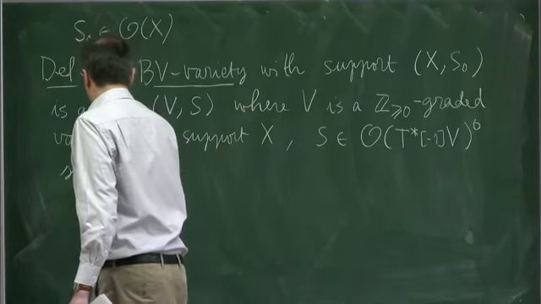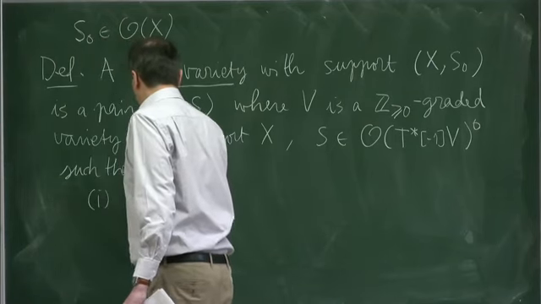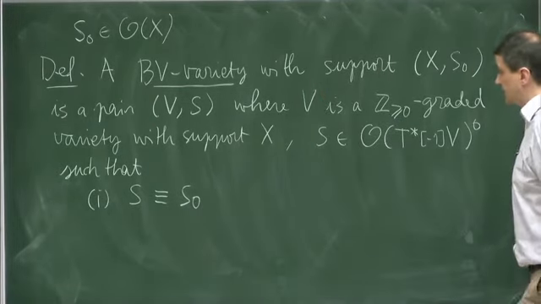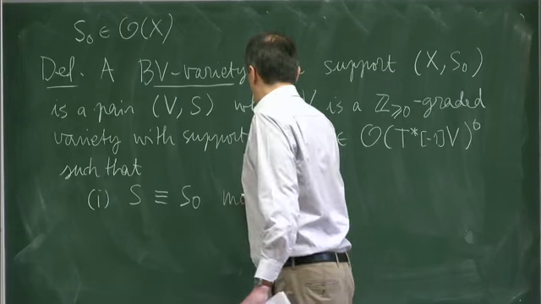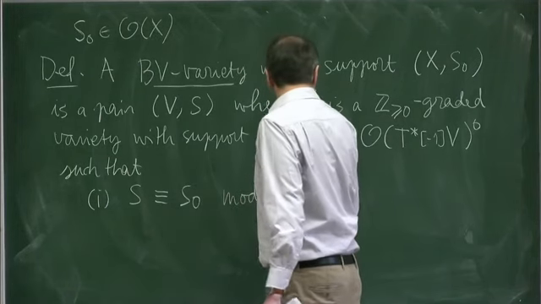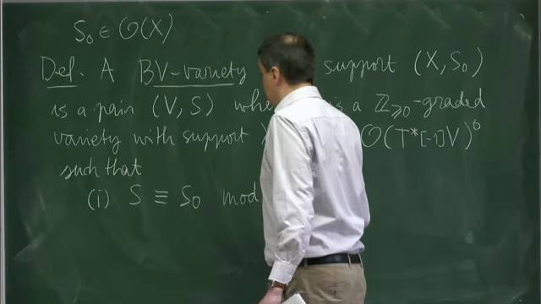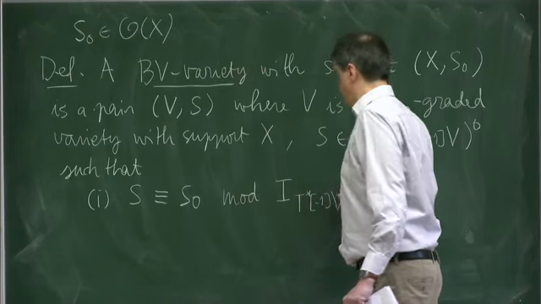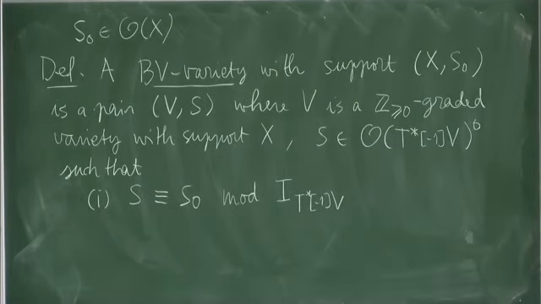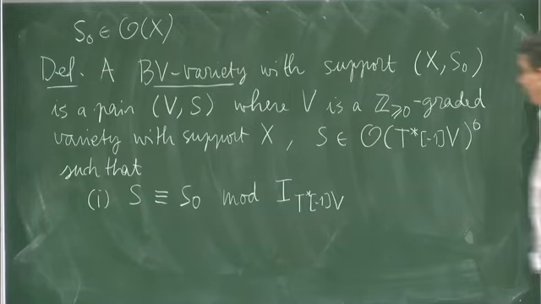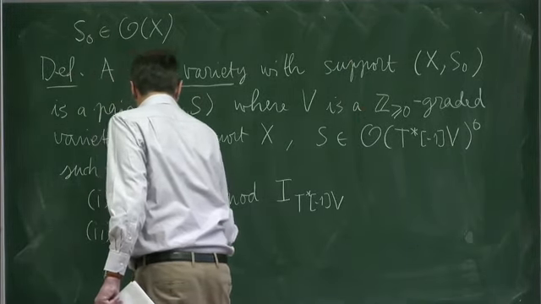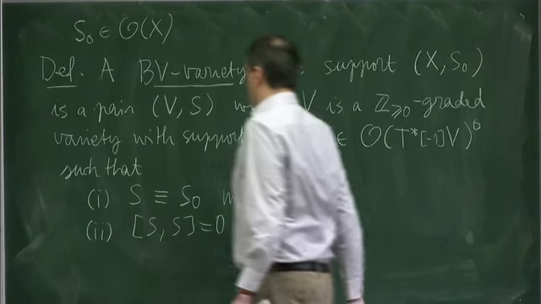Such that three conditions hold. First, that S is the same as S0 modulo this ideal generated by positive degree, modulo I. Okay, modulo terms which contain elements of positive degree, it is S0. Second, of course, is the master equation.